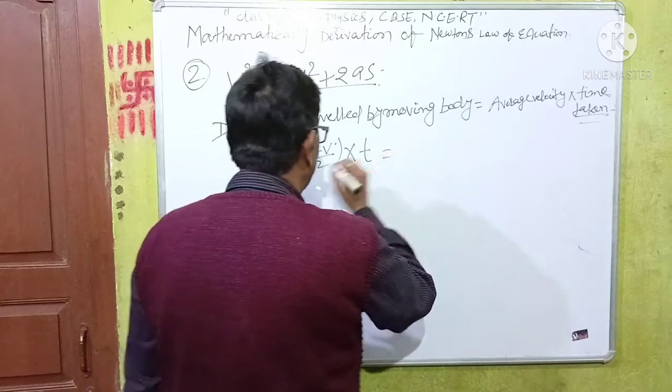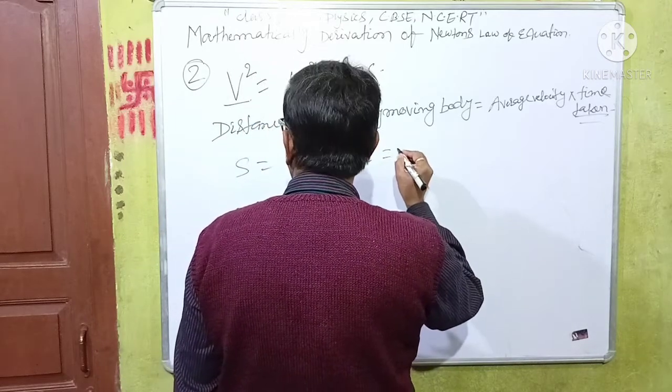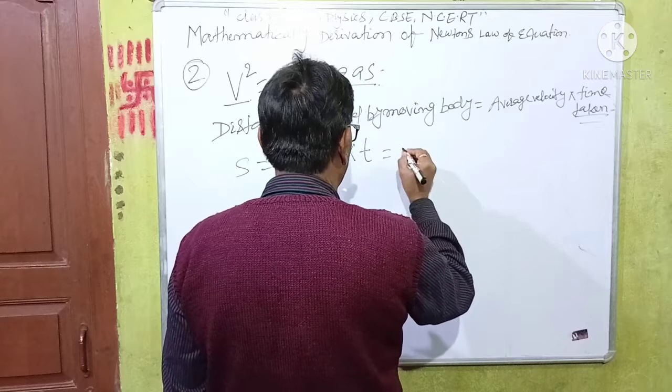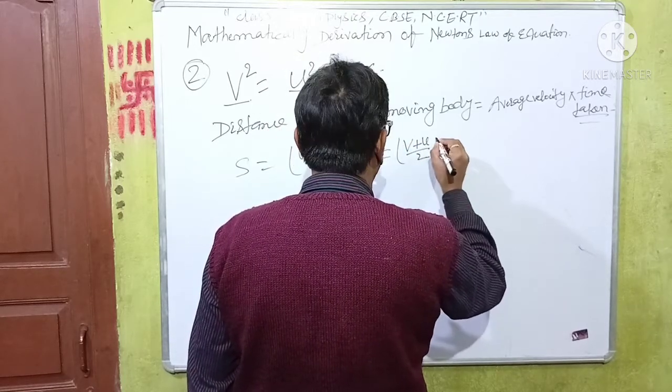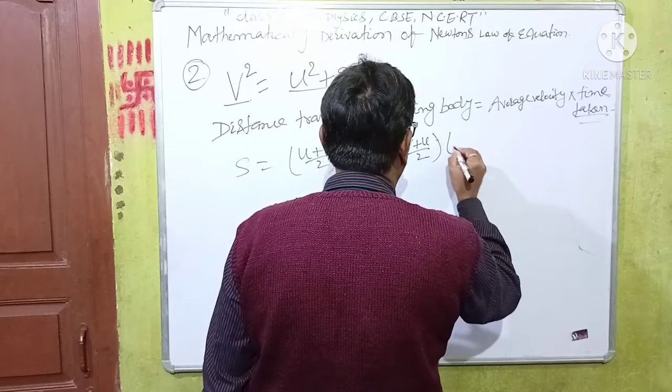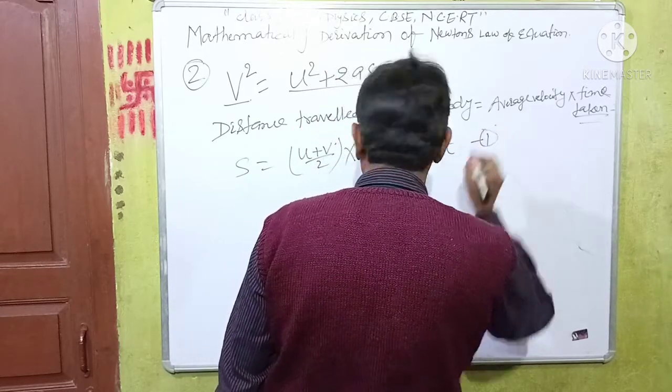Now we can write this as s = ((v + u)/2) × t, equation first.